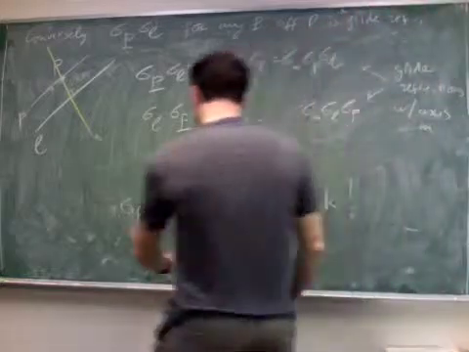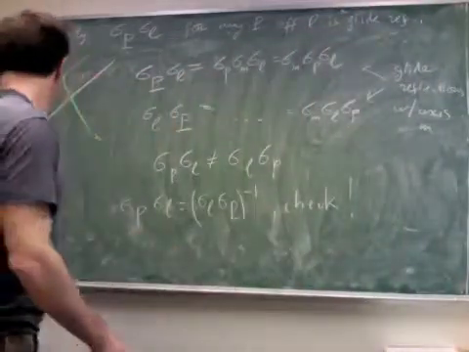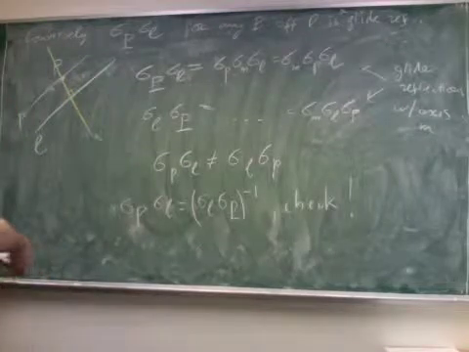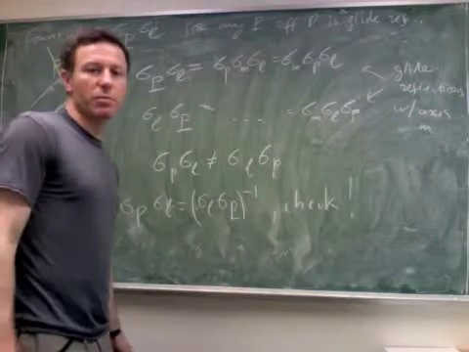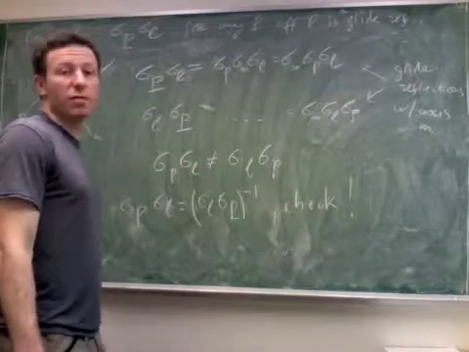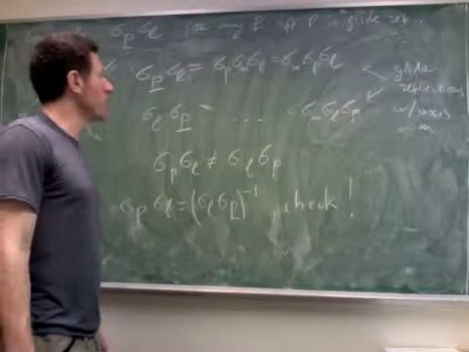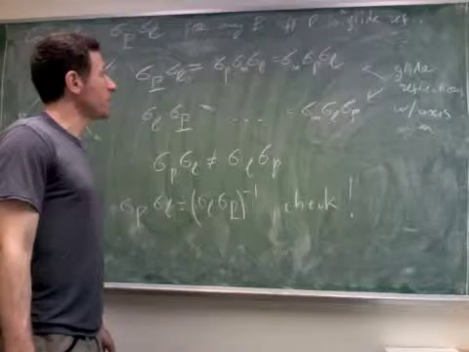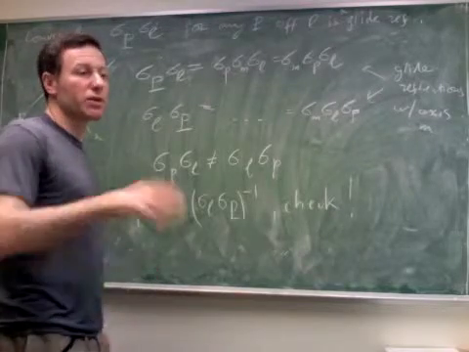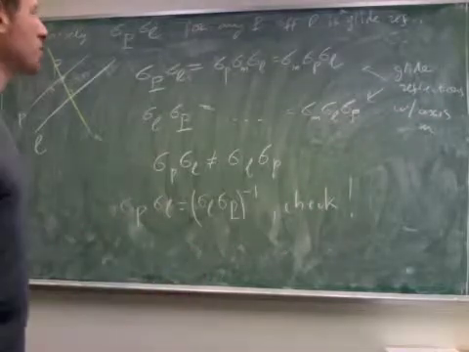Okay, so let's summarize what we just said in a theorem. So we said that any glide reflection can be written as a composition of a half-turn and a reflection in either order. Reflection followed by a half-turn, or half-turn followed by a reflection. And vice versa.